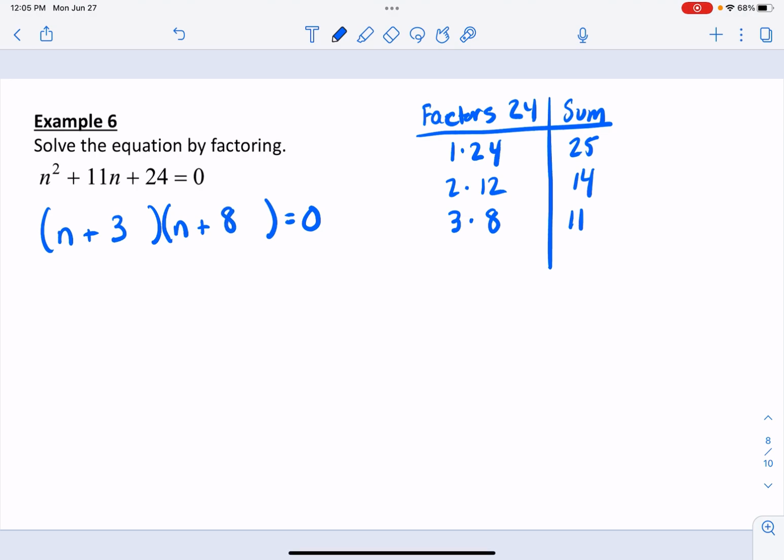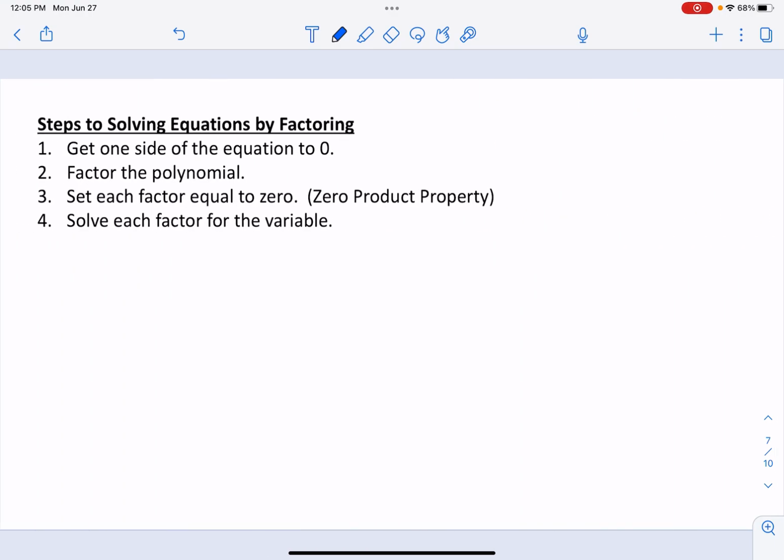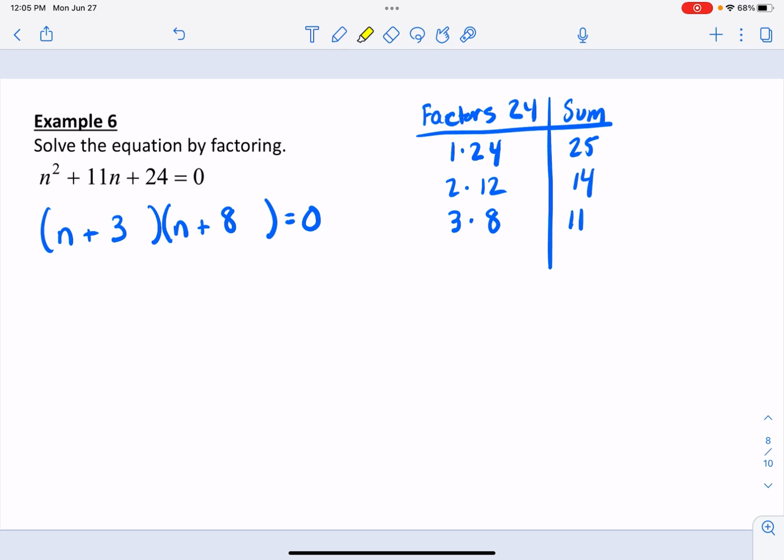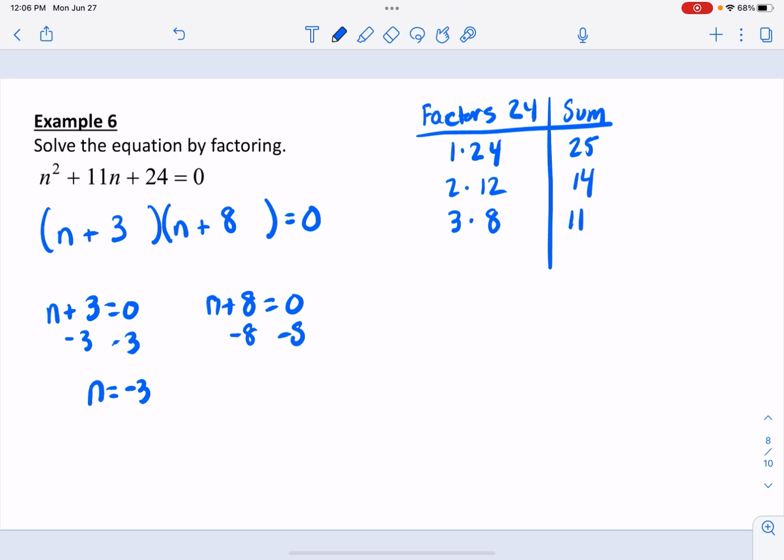Okay, so let me go back to our checkoff list. We had one side to be 0. We factored our polynomial. Now set each factor equal to 0. And that's called the zero product property. Remember that anything times 0 is 0. So that means that n plus 3 could equal 0, or n plus 8 could equal 0. Now I subtract 3. I subtract 8. And there are my two answers.